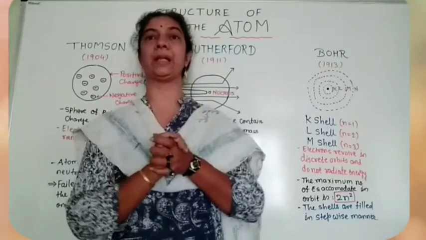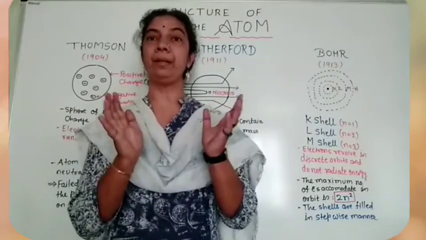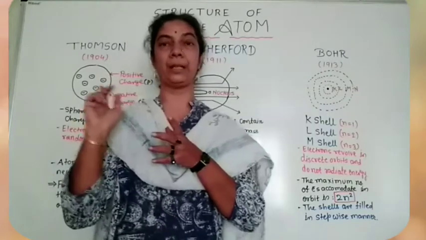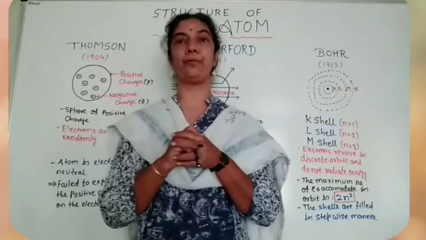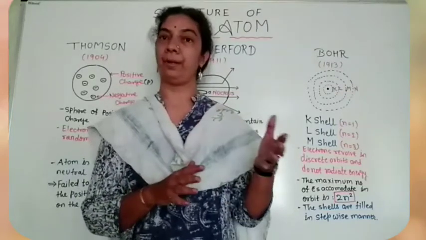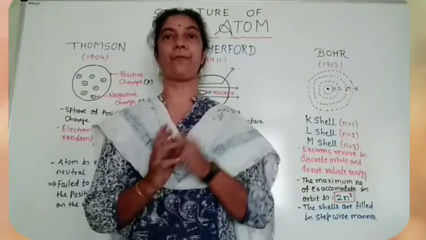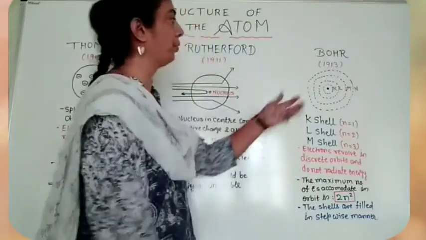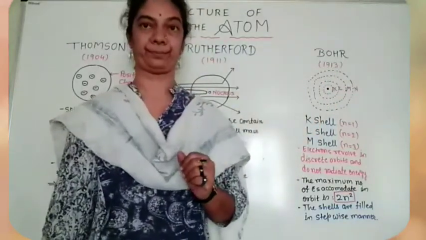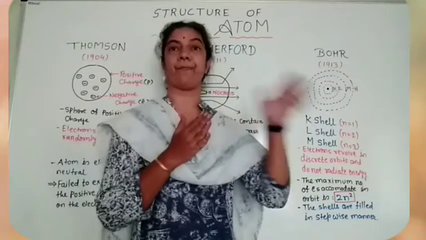Last, one more example. Let us talk about 11 electrons. We know that whenever the number of electrons is 11, the number of protons will also be 11. So the first fact is that all the 11 protons will be at the center, in the nucleus. The electrons are arranged stepwise.